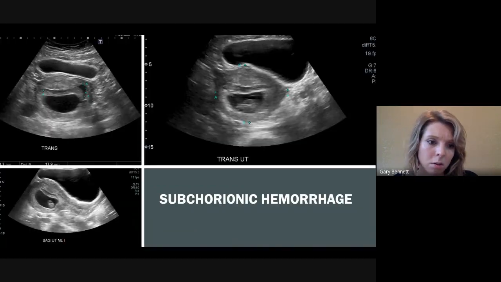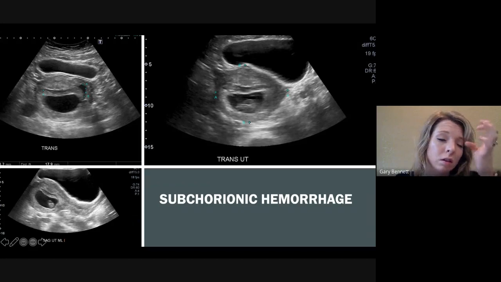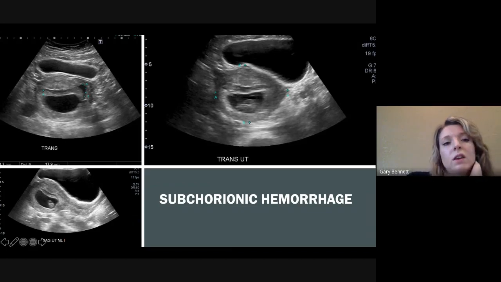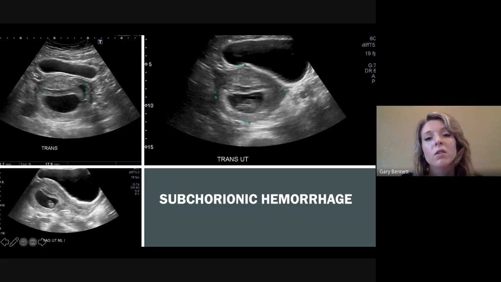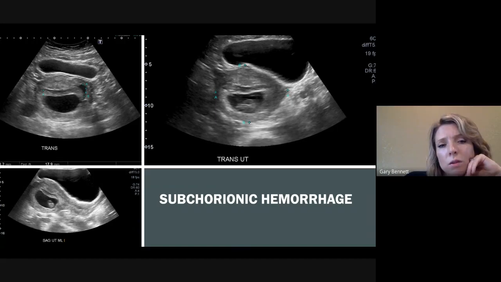Back to our subchorionic hemorrhages. Don't forget you have your vessels out on the side here. This is going to be your right iliac artery. Not sure what this is here because we're sagittal, but these are your iliac arteries out here. So when you're looking around for your regular ovaries and you're looking for your follicles, you just have to be aware that there are vessels out there as well.